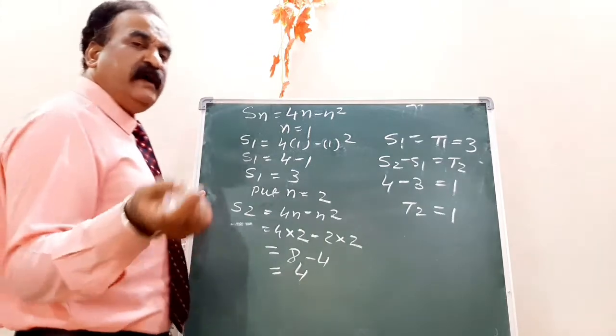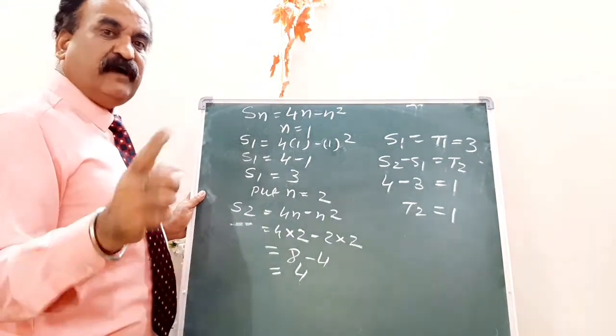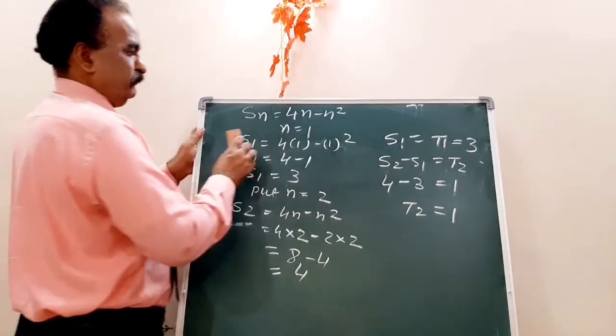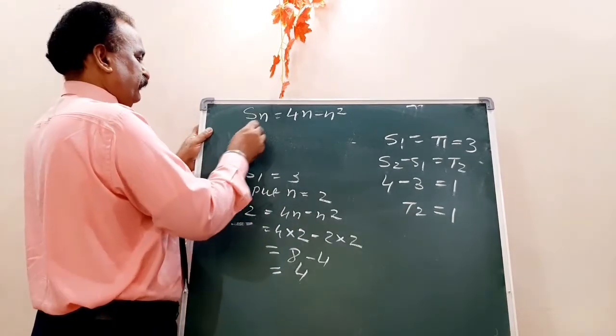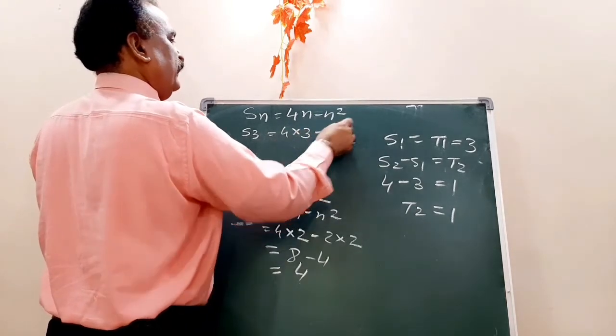Okay, and when you have to find S3, S3 will be the sum of three terms. Let us see how. S3 is equal to 4 into 3 minus 3 square.